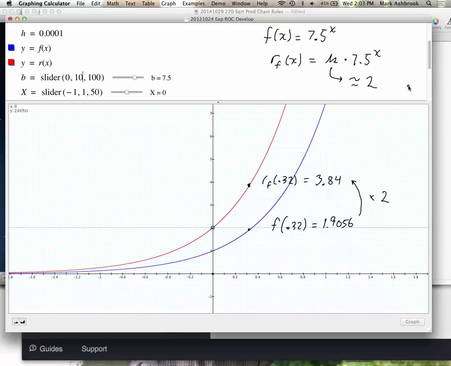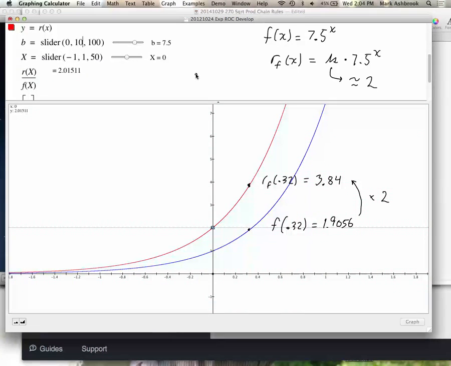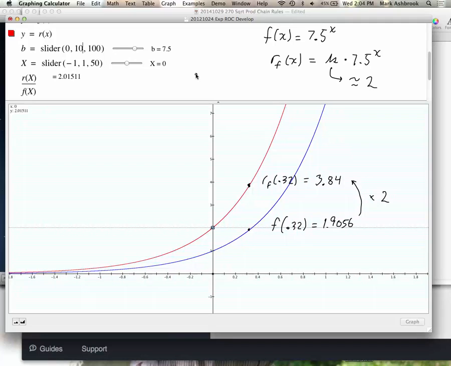How can I test that? How would I know that that's actually staying constant for sure at 2? What would I need to do? Choose more x values, right? For every x value I choose, that rate has to be that same constant, about 2 times as great as the output of the original function. So I've set up a ratio here, R over F at the capital X that I've chosen. If I change the capital X value, which is representing any x, what should happen to that ratio of R over F?